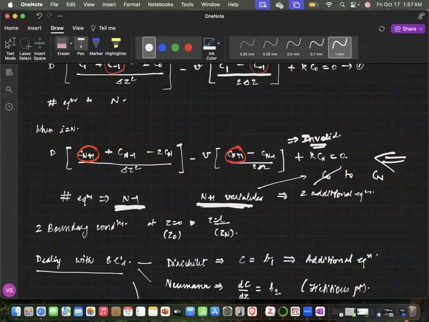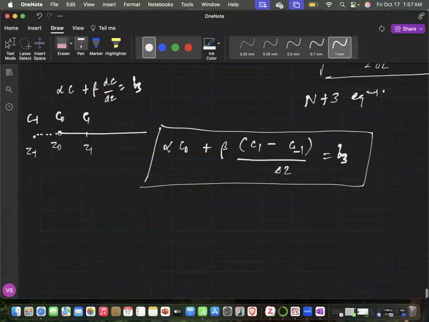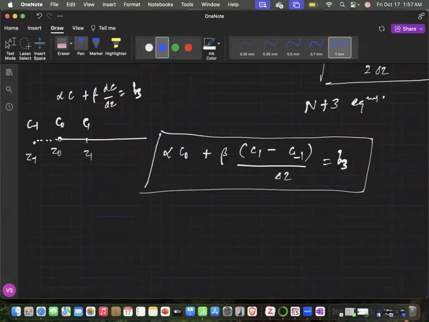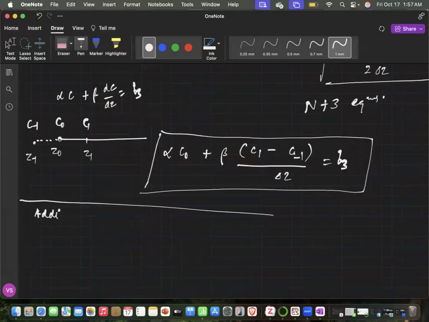That was the problem that we had left. And now we have to apply our boundary conditions over here. So let's look for the additional 2 equations in our problem.